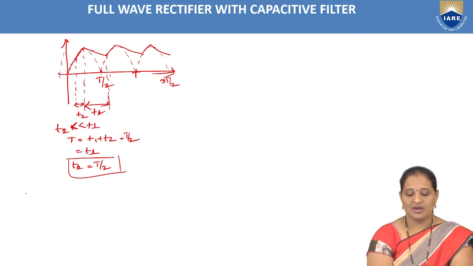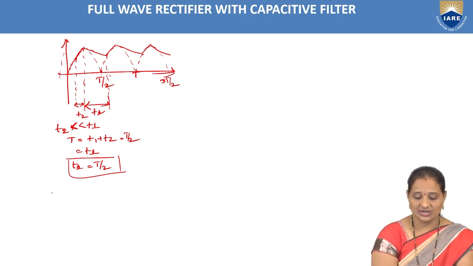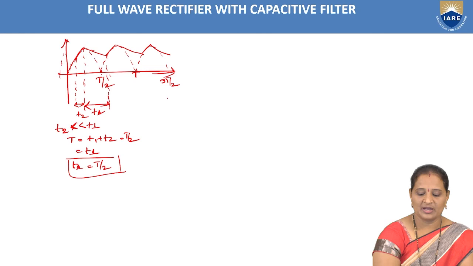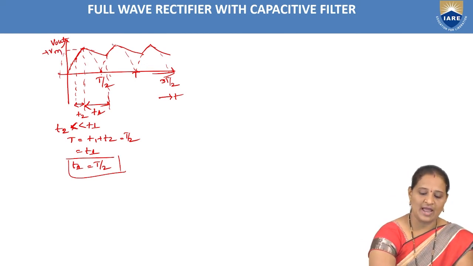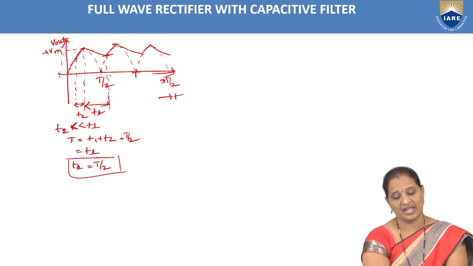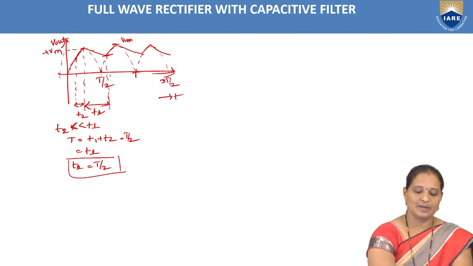Now the capacitor discharges at a time t equal to T1. On the x-axis we take the time period, and on the y-axis this one. Again, in order to calculate the maximum ripple voltage, the peak to peak value of the ripple voltage, we need to calculate the maximum value and minimum value.